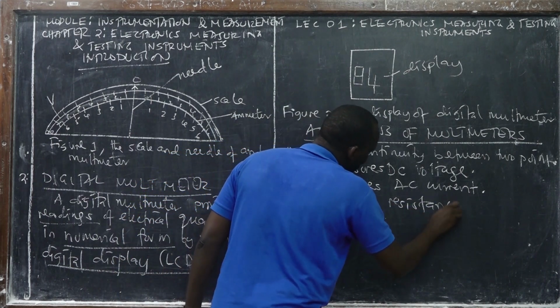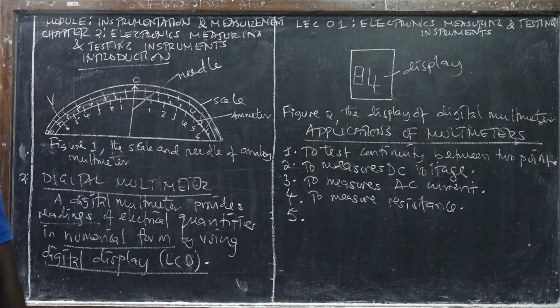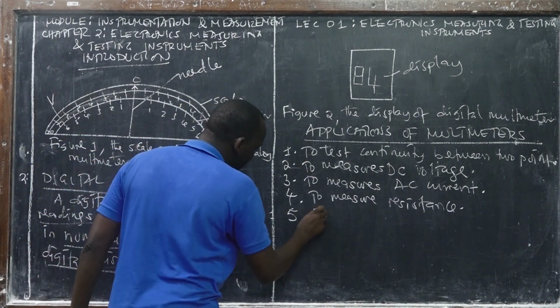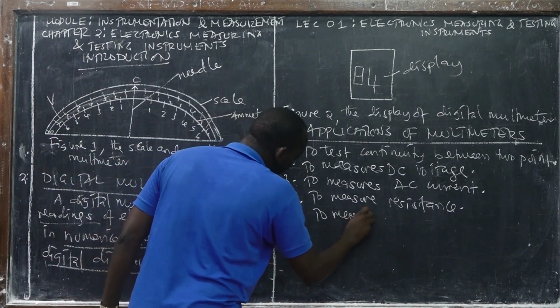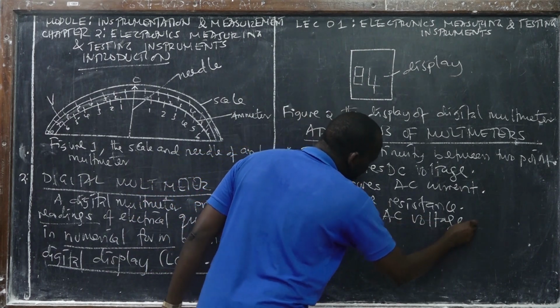Resistance. Number 5. Then my friend there who came right now, the 5th application of multimeter is what? To measure AC voltage. To measure what? AC voltage.